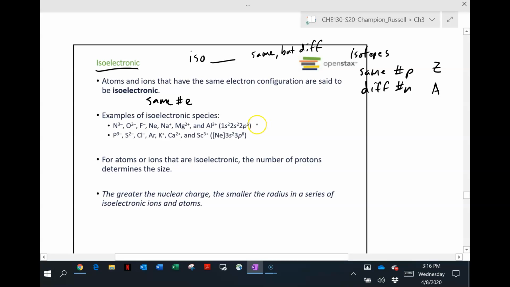You see that all of this first row has the neon configuration. All of this second row has the argon configuration of electrons. Basically, all you have to look at is this: if the electrons are the same, you simply look at the number of protons, and the more protons you have, the smaller it is.